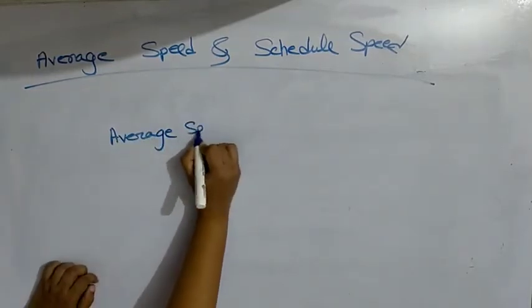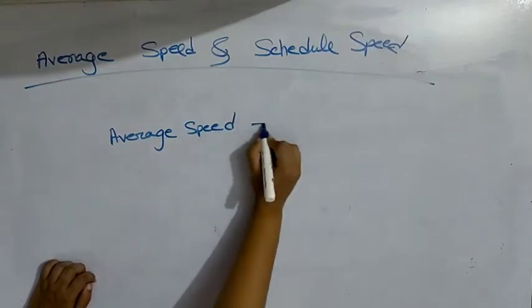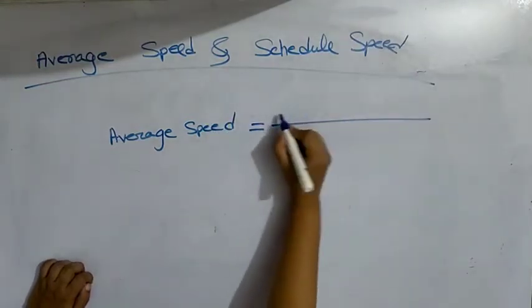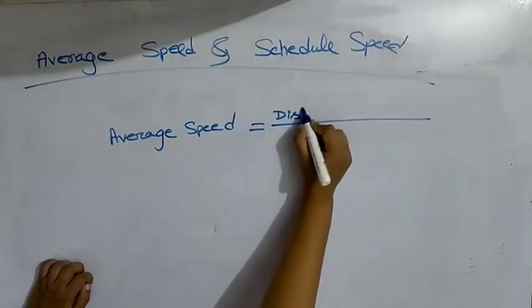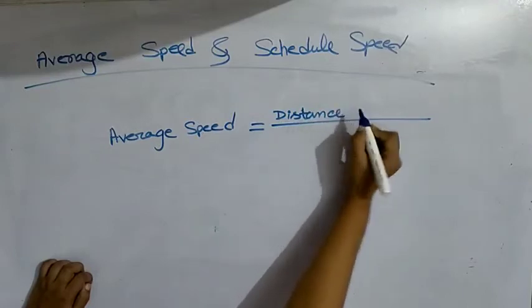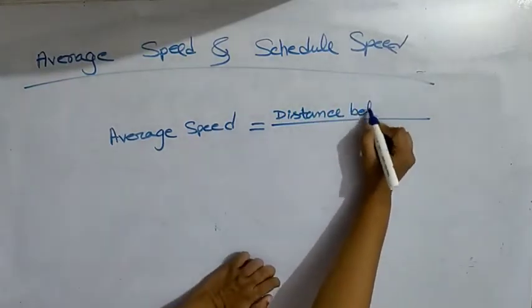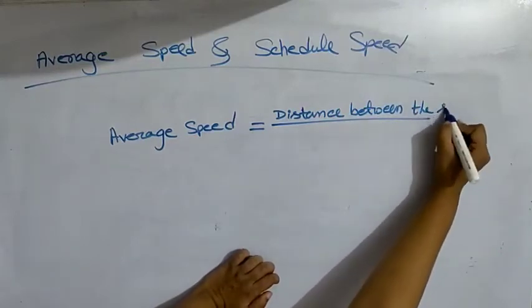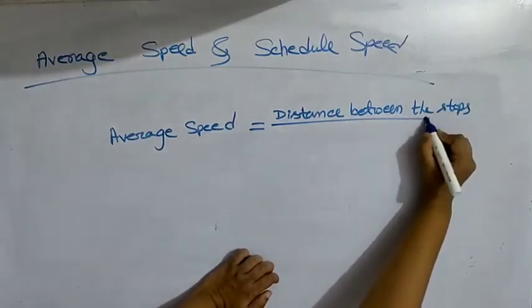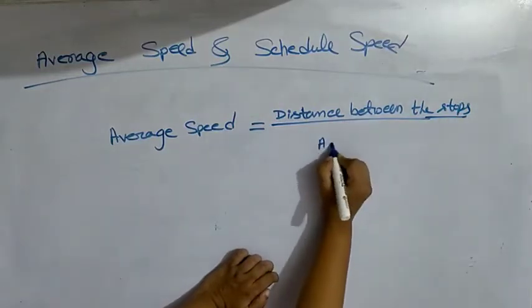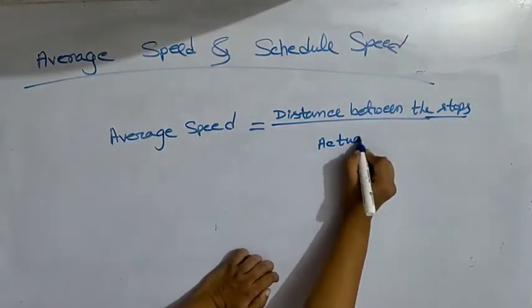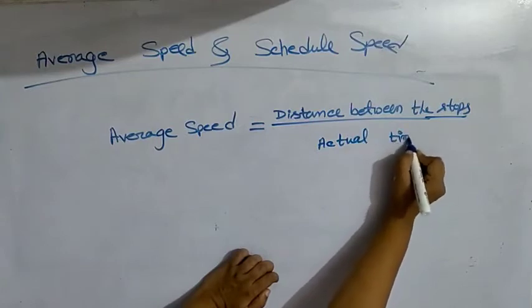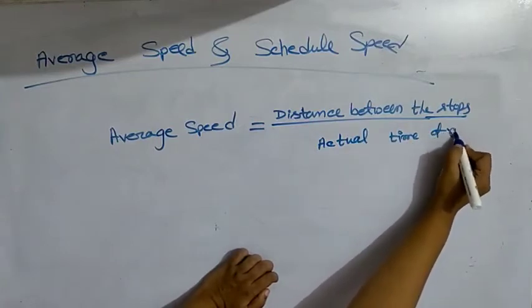Average speed is equal to distance between the stops by actual time of run.